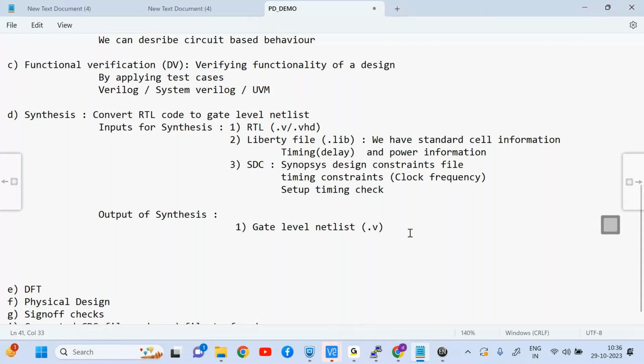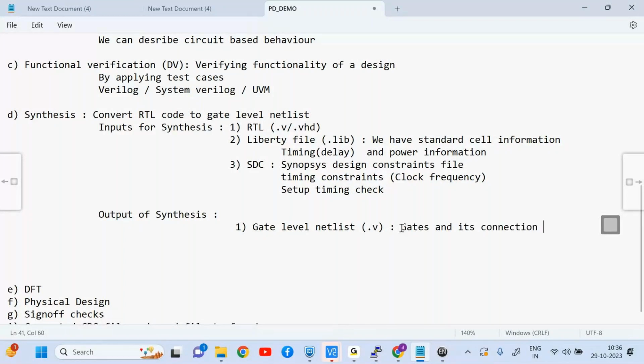So RTL is in the behavioral form. Gate level netlist is in the structural form. First difference: RTL can use any constructs like if statement, case statements, procedural block, assign statement. But gate level netlist should have only gates. What are the gates we are using, and its connections. Only this information should be present.